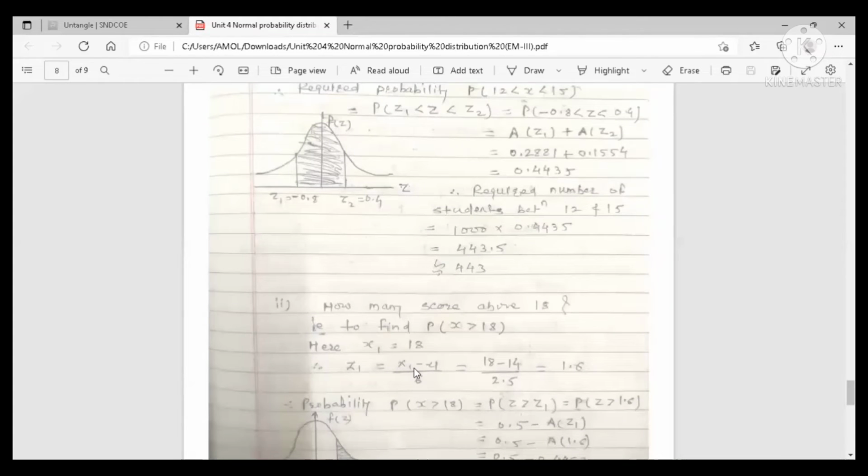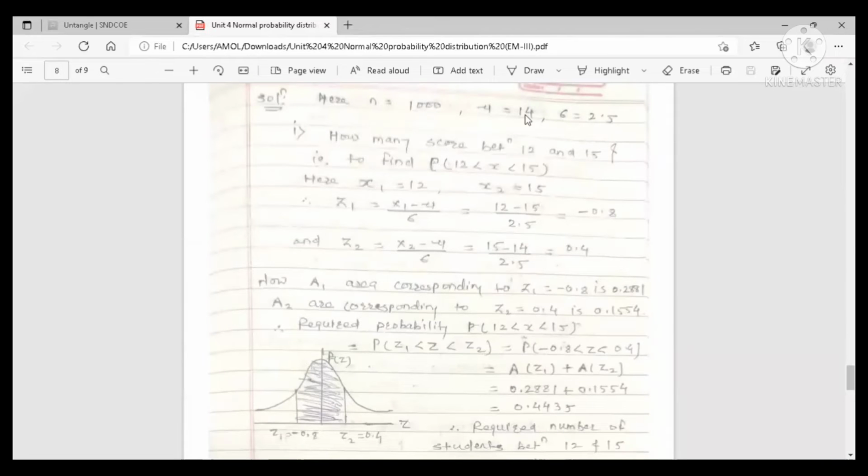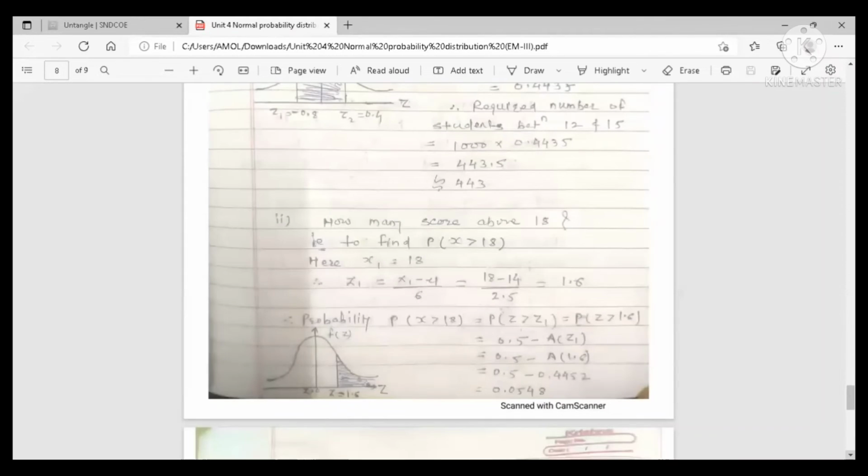Here X1 is 18, mu is 14 and sigma is 2.5. The mean and standard deviation are the same for all sub questions. So if we simplify it, it is 1.6.